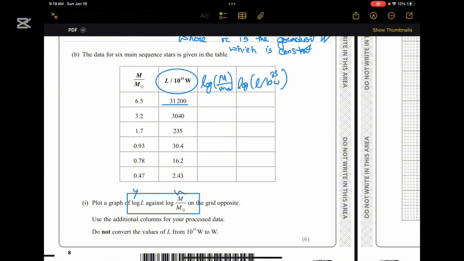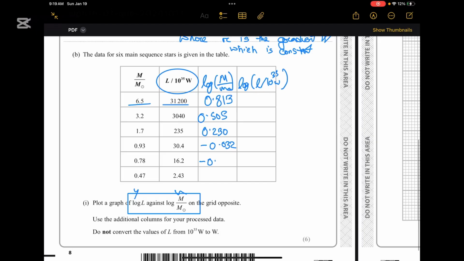So log 6.5 is 0.813, this is 0.505, this is 0.230, this is minus 0.032, this is minus 0.108, this is minus 0.328.